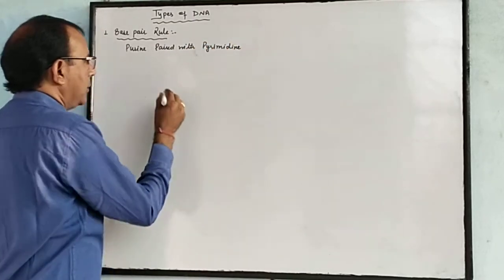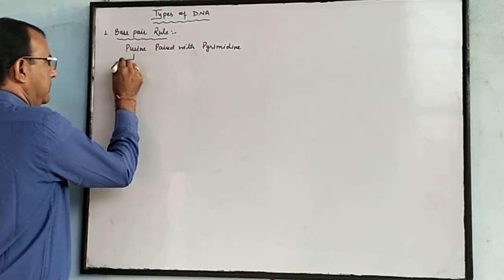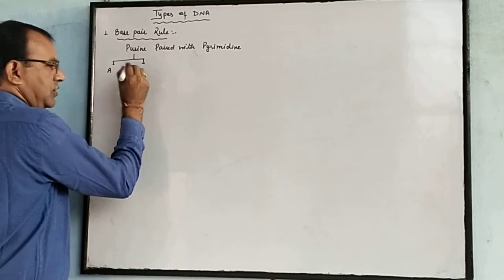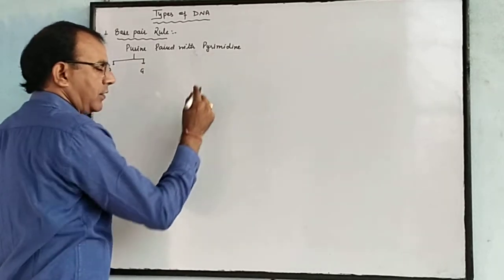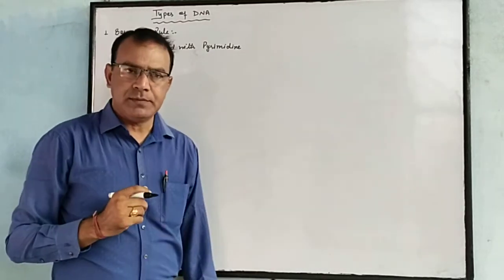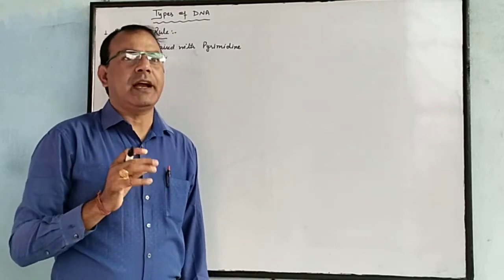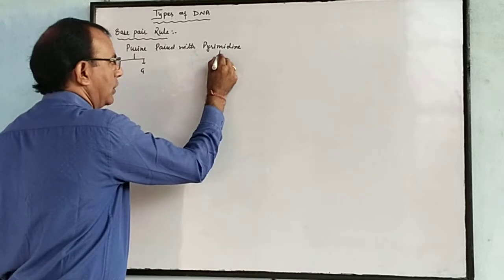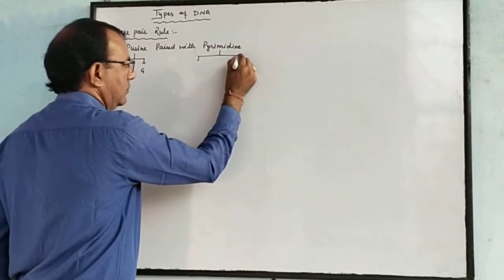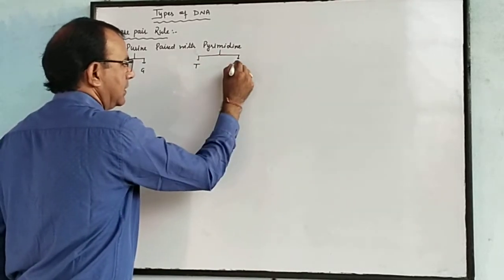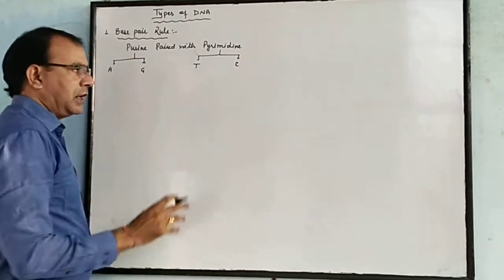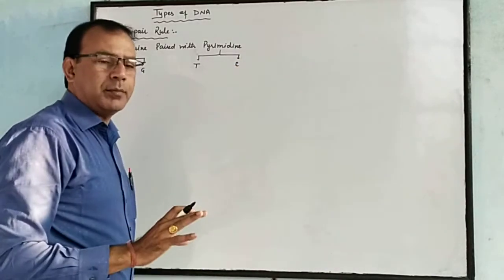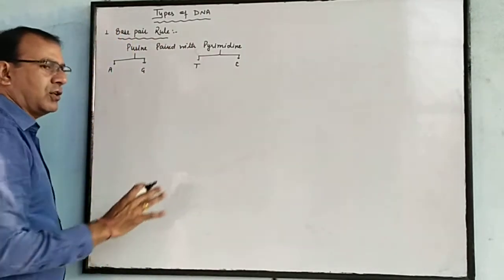In DNA, purine is of two types, adenine and guanine, A and G. Pyrimidine is basically of three types, cytosine, thymine and uracil. But in DNA there are two types of pyrimidine, thymine and cytosine. In RNA, in place of thymine, it is replaced by uracil. But this is the structure of DNA.